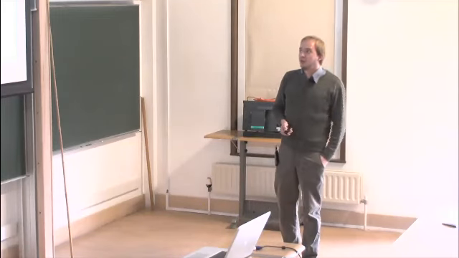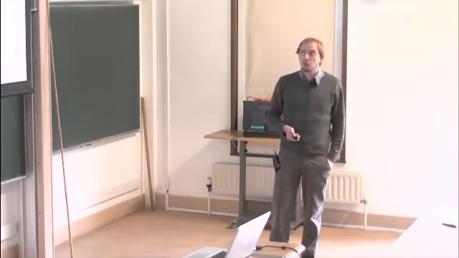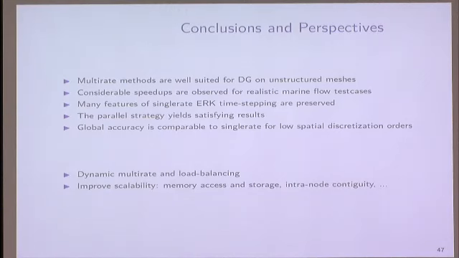So, conclusion and perspectives. I think we showed that multi-rate methods are well suited for DG on unstructured meshes. We observed considerable speedups for realistic test cases for marine flows. Many features, especially the simplicity of the implementation of classical single-rate explicit Runge-Kutta methods, are preserved.